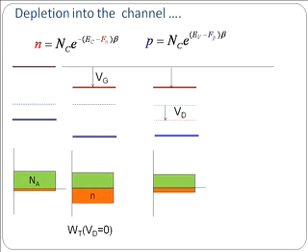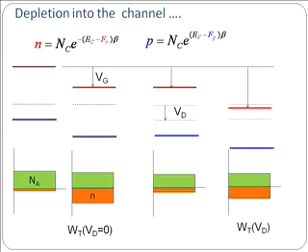You'll have to put more gate bias, so it's like trying to chase the Fermi level. The first time it came close to the Fermi level, it got a certain amount of charge. Now it has a moving target. The Fermi level has been pushed down, so if you want to invert it again, you will have to push it down even more, so that the separation becomes the same as before.